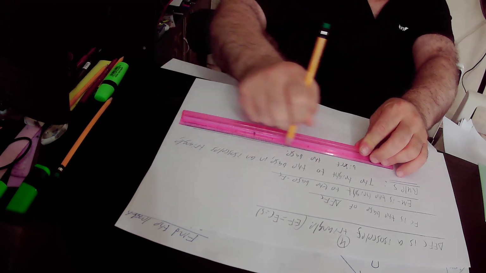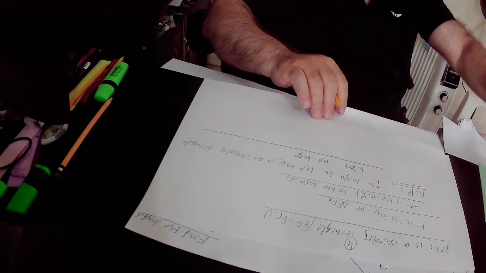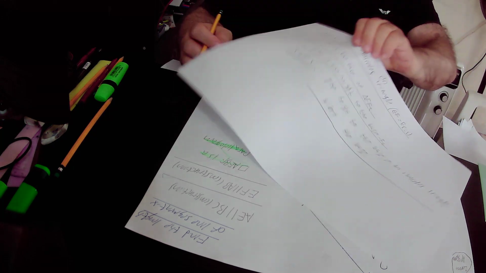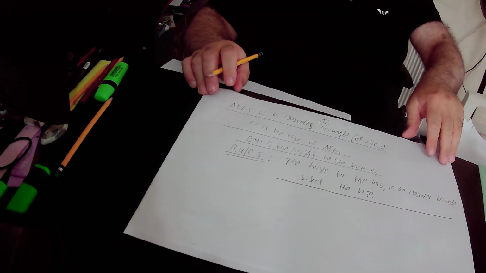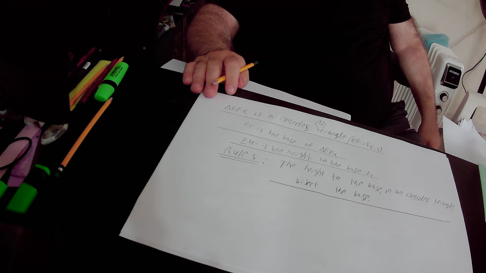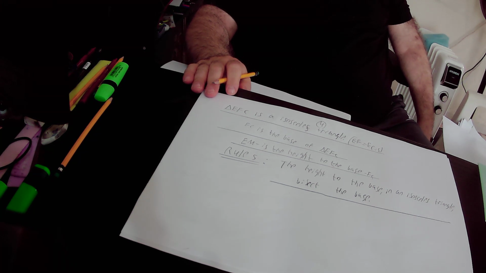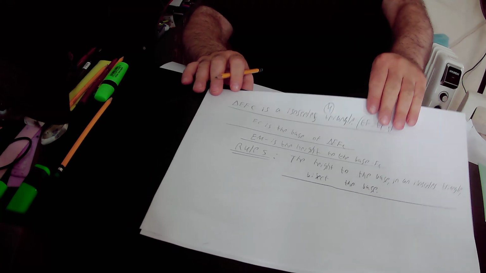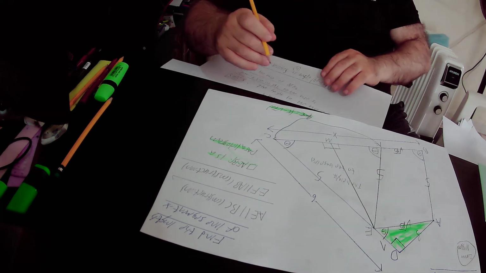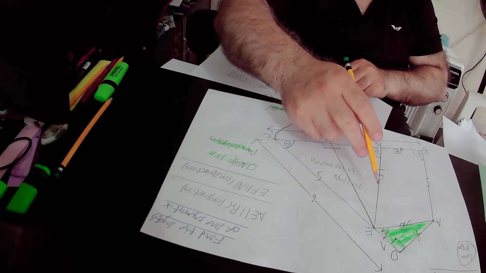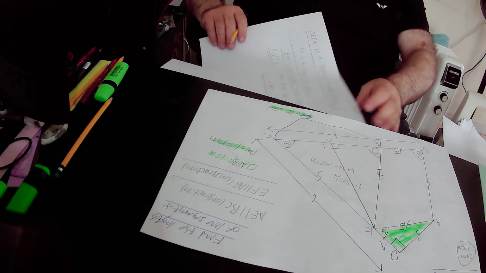So I read rule number 5 again. According to rule number 5, the height to the base in an isosceles triangle bisects the base. So we focus on the isosceles triangle EFC.